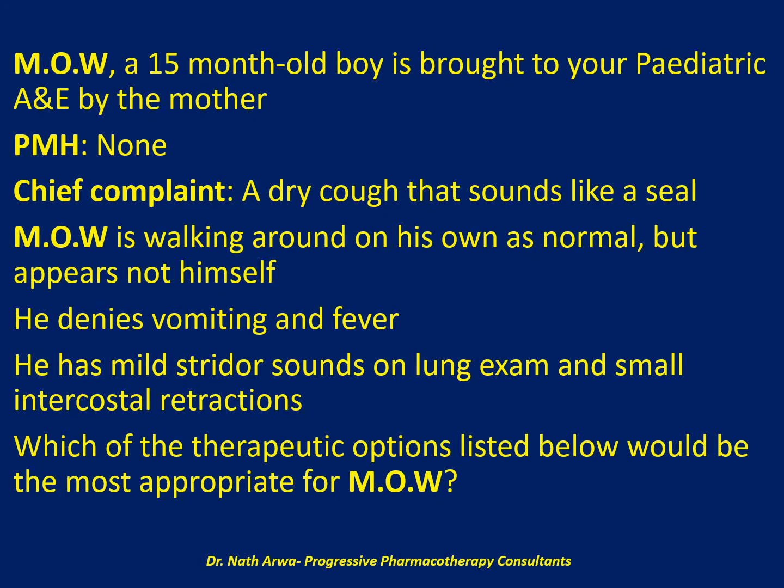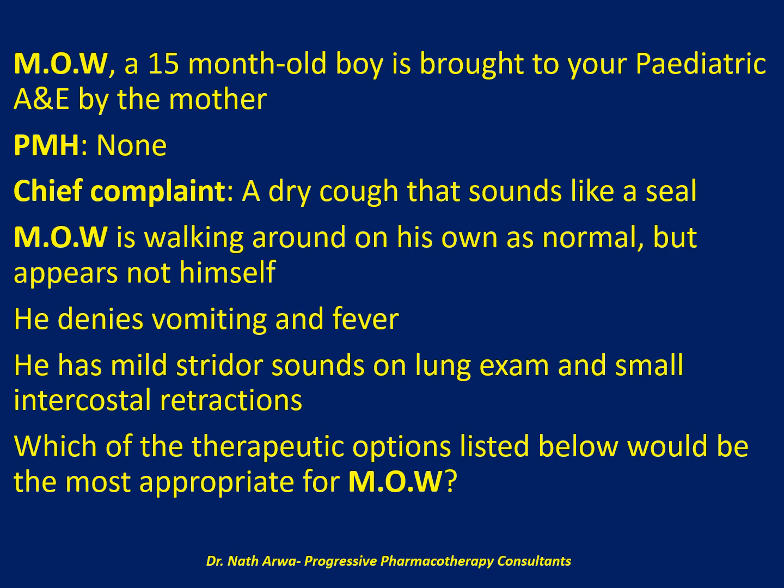And the next question reads, MOW, a 15-month-old boy, is brought to your pediatric accident and emergency department by the mother. He has no known past medical history, and his chief complaint today is a dry cough that sounds like a seal. Master MOW is walking around on his own as normal, but the mother says he appears, in her words, not himself.